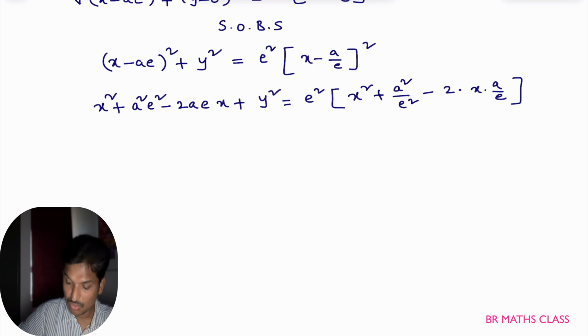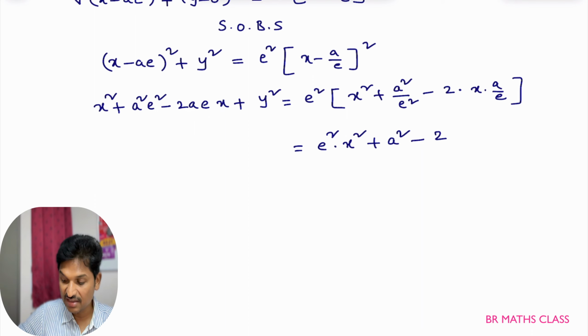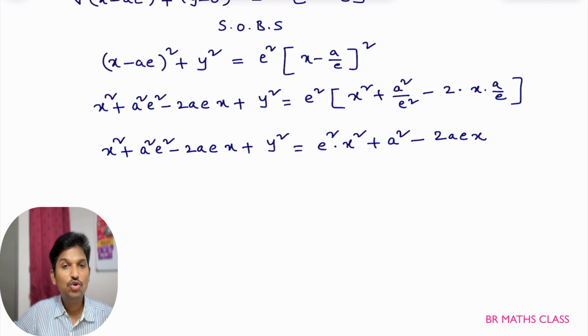Now, the right hand side you multiply: e square x square plus, when you multiply these two, this e square will get cancelled. You will get a square minus, and when I multiply these two things, one e will get cancelled. You will get 2aex. Now you observe, can we cancel any terms?